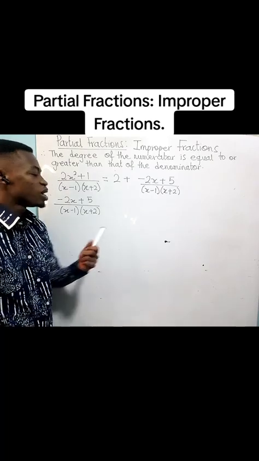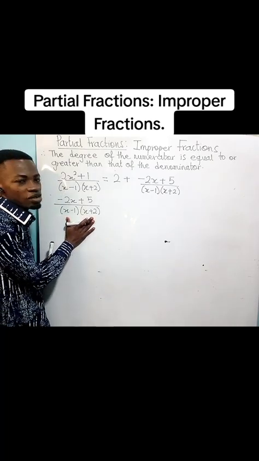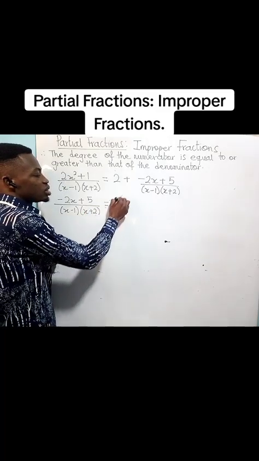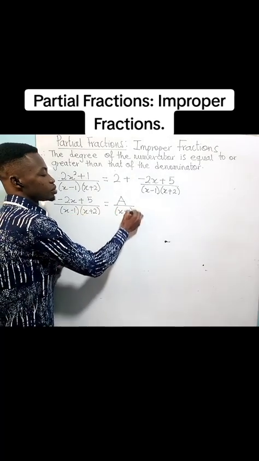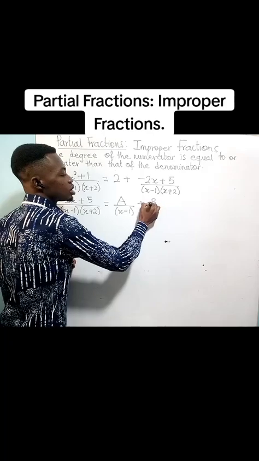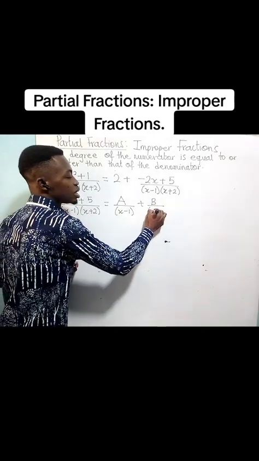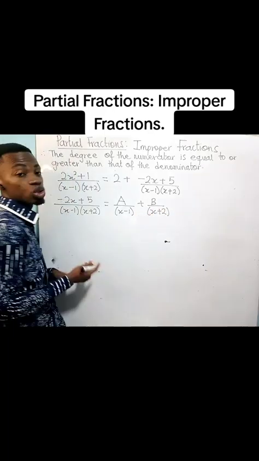Now here, remember, since these are linear factors, we break it into 2 as A on one of the denominators plus B on the other denominator. Then we solve.